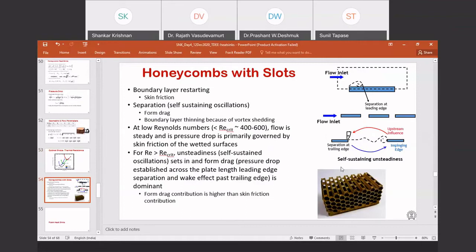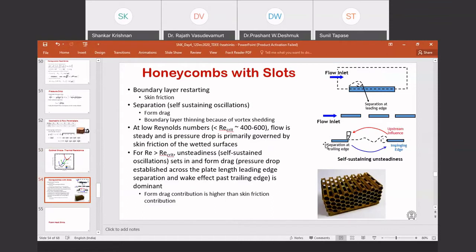However, when you create these mixing zones, this body now sees two types of drags. One is the skin friction drag that is happening from the top and bottom areas where the fluid is making contact, and the second is very similar to a bluff body or an aerofoil shape. So you start to see the form drag as well coming into the picture.